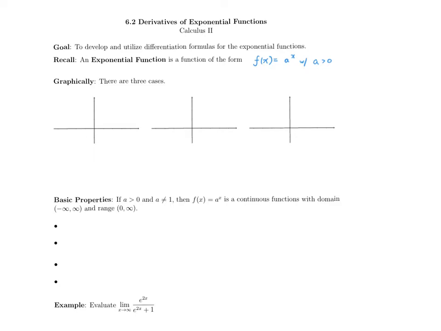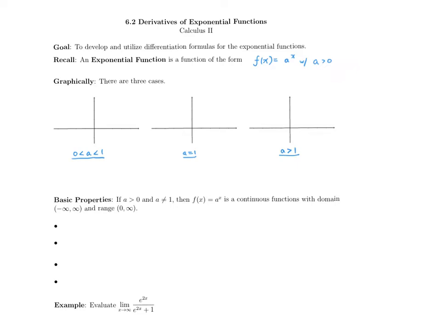Now, when it comes to visualizing an exponential graphically, there are three main cases for us to consider. There's a case where the a value is strictly between 0 and 1, the case where the a value is 1, or the remaining case when that base value a is strictly larger than 1. And let's just go through and sketch these one by one.